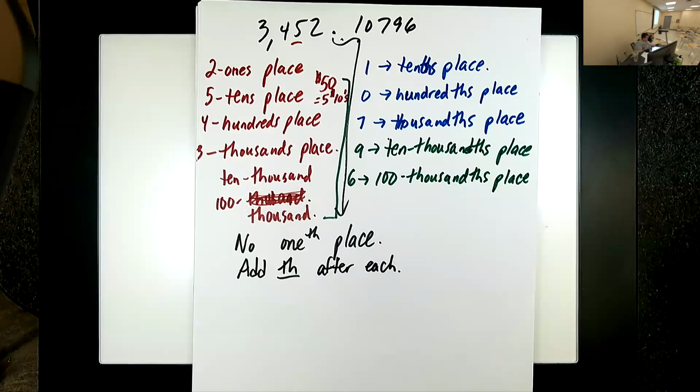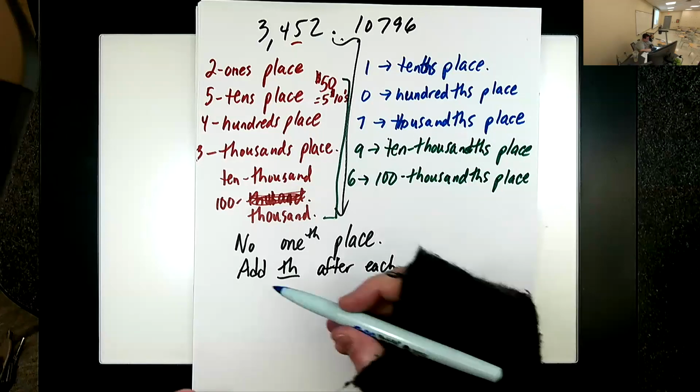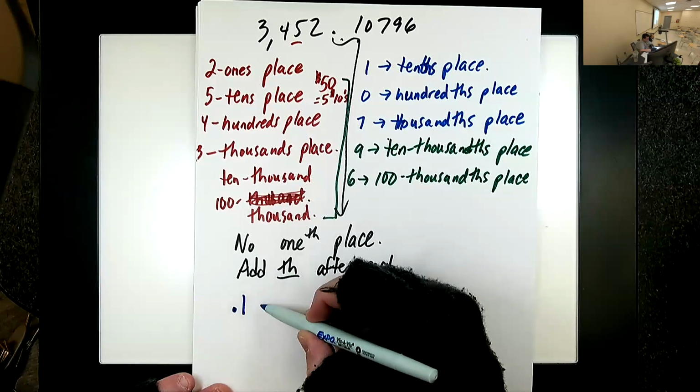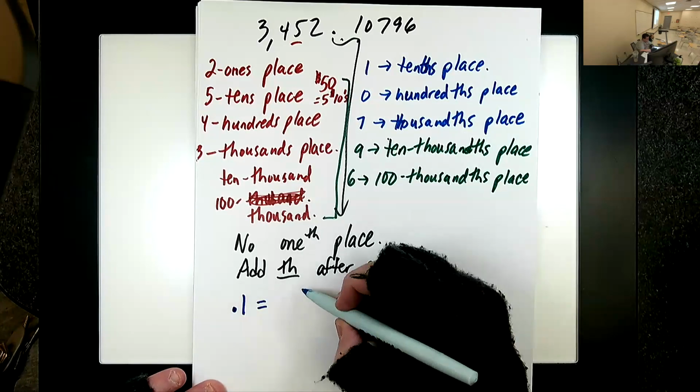You might wonder, where did this naming scheme come from? Why is there no 1th place? Let's take a look at what happens if I look at 0.1 as a fraction.